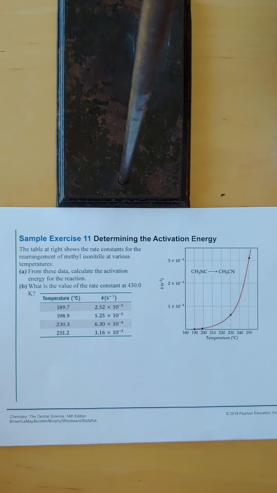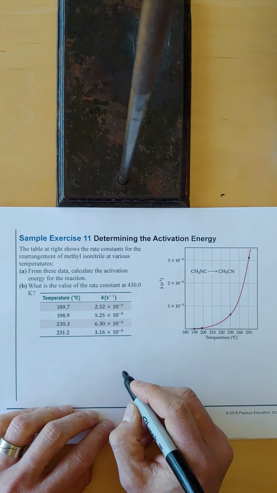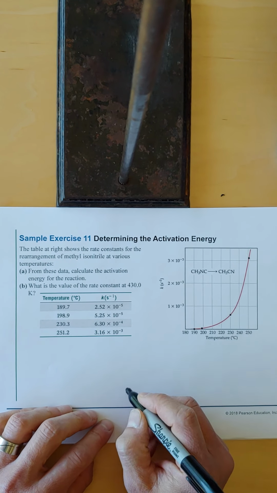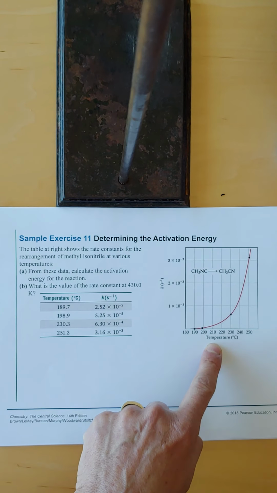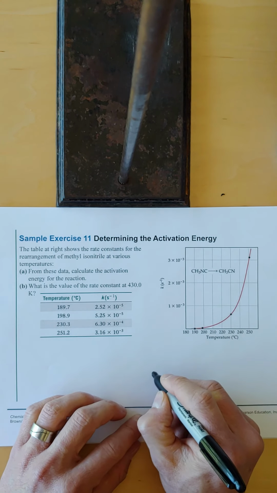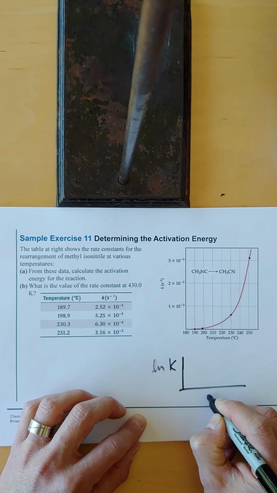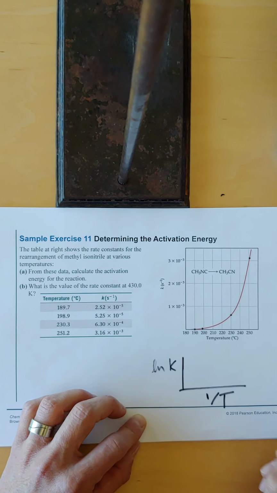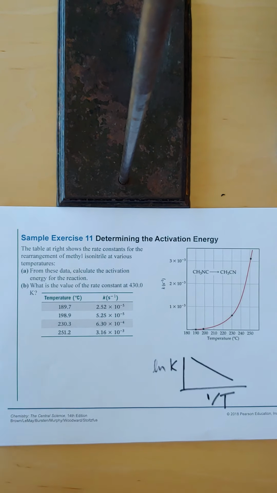And so we can get activation energy from a slope, right? So if we plot the log of K versus 1 over the temperature, I'm going to get a straight line.